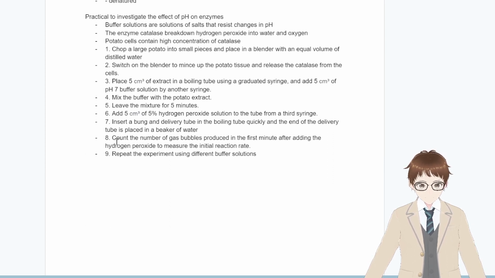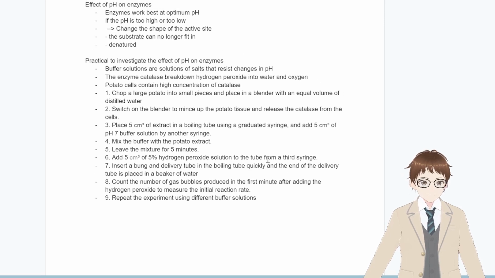After that, count the number of gas bubbles produced in the first minute after adding the hydrogen peroxide to measure the initial reaction rate. Lastly, repeat the experiment using different buffer solutions.